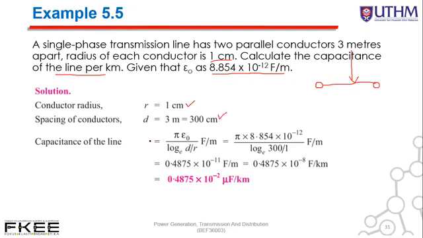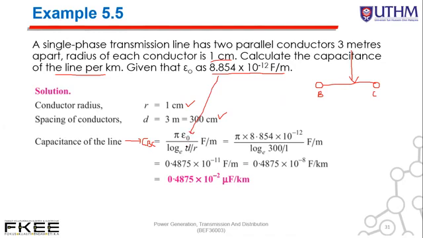To calculate the capacitance of the line, we can use the formula. Let's say line AB or BC, whatever. Let's say BC, so we get CBC.